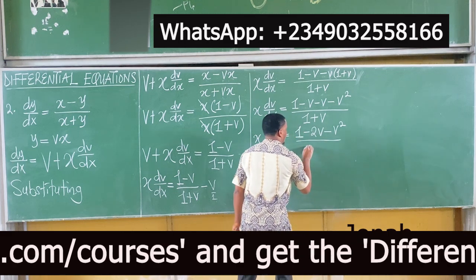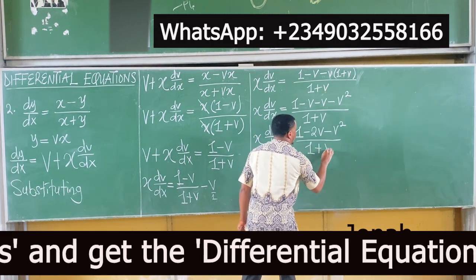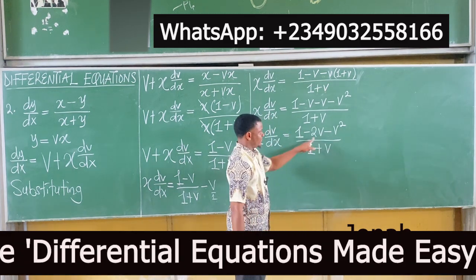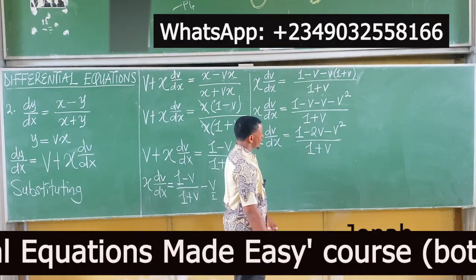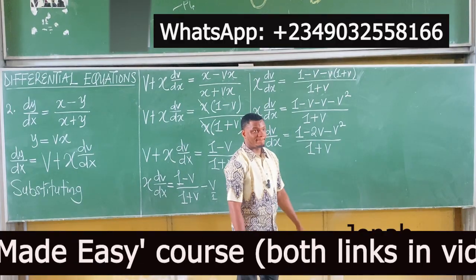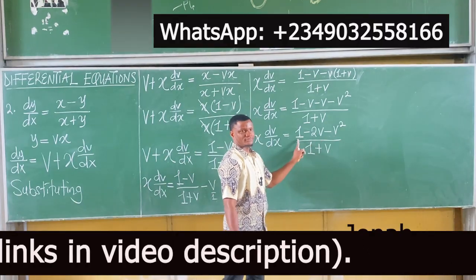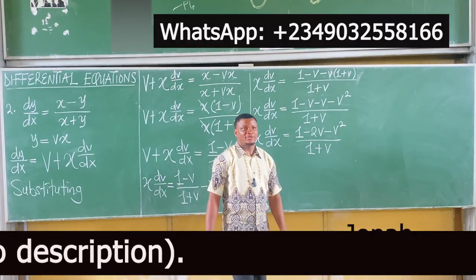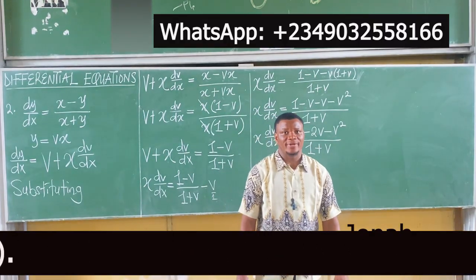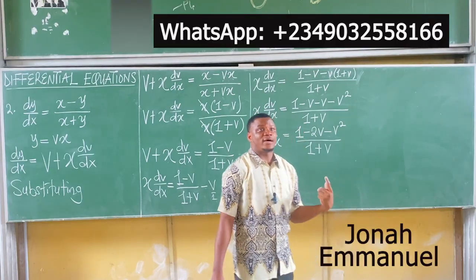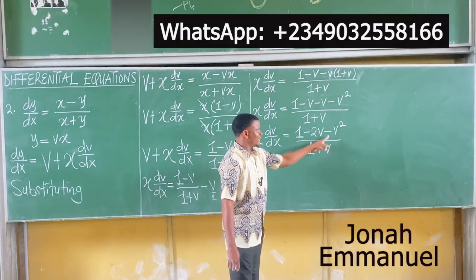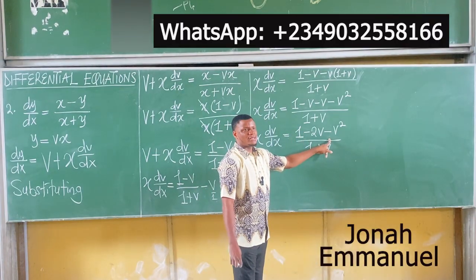What do you have here now? 1 plus v. What is here? Look at it. That's why I said this thing can be very complicated. We have to open our mathematical eyes. What is it here? This thing looks familiar.